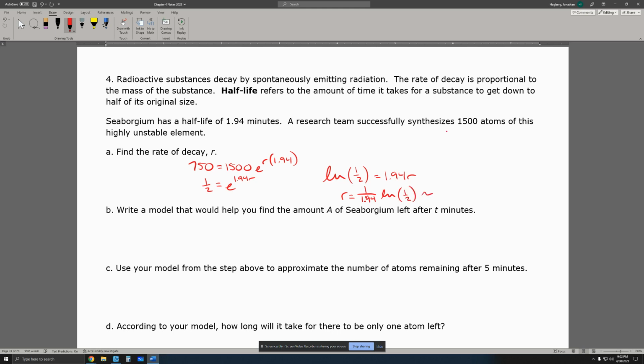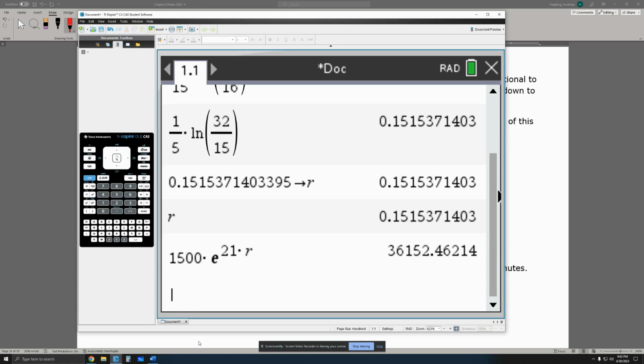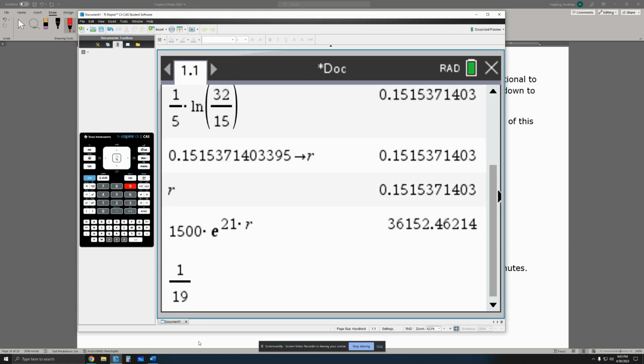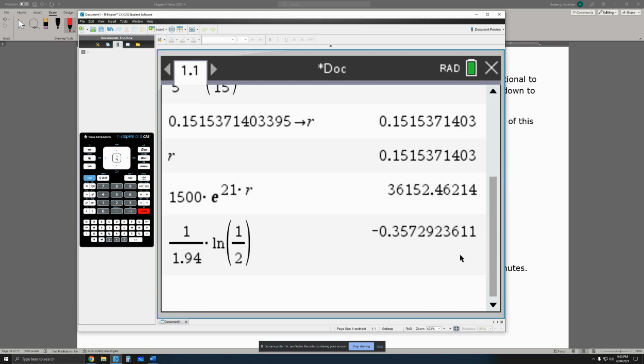That is the exact answer, but let's go ahead and find a decimal approximation. So control divide, 1 over 1.94 times the natural log of 1/2. Control enter, and that tells us that our rate is negative 36% or so, so negative 0.357.